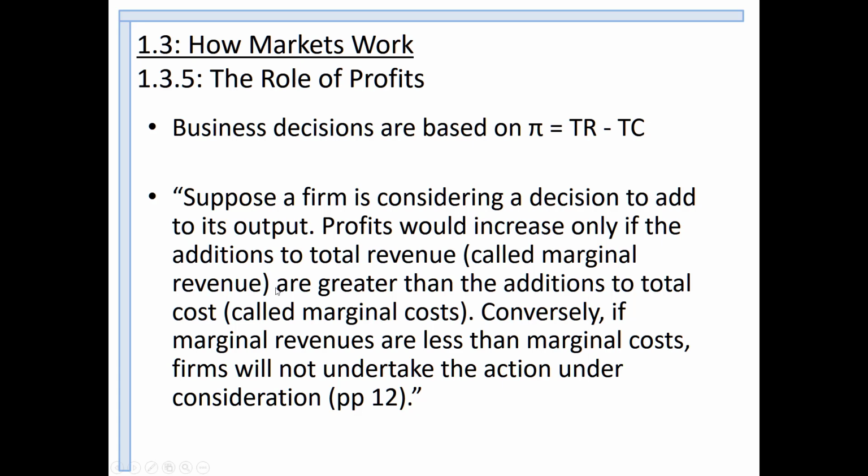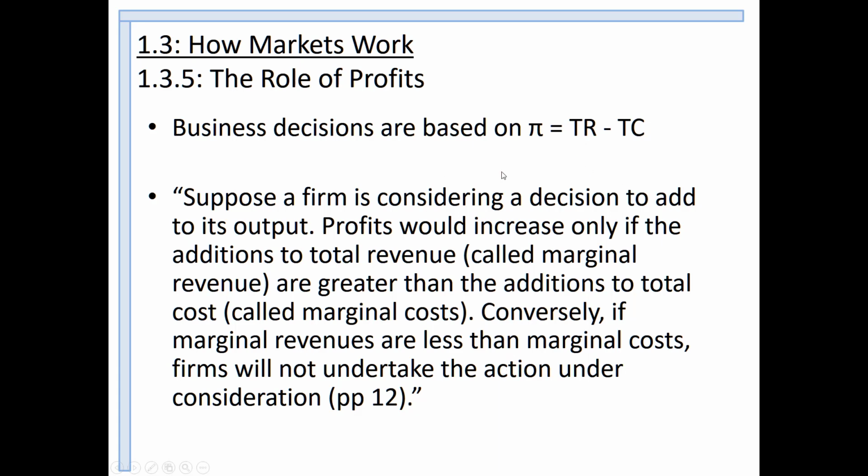If marginal revenue is greater than marginal cost, meaning that by producing that extra unit you increase revenue by more than you increase cost, then you should produce that unit.